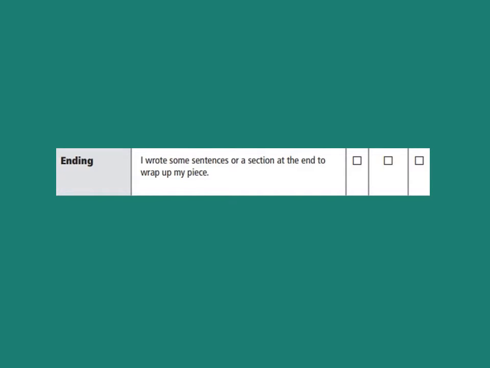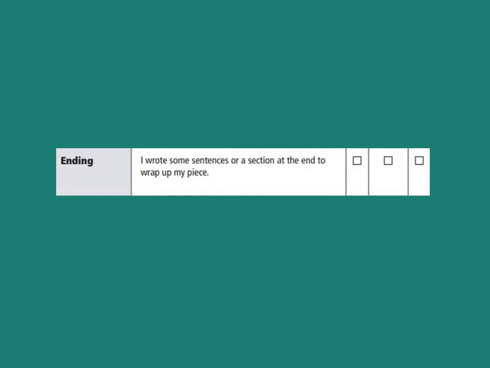And then here it says, I wrote some sentences or a section at the end to wrap up my piece. We also talked about this in a recent lesson. So you might say, if you're interested in learning more about this game, try reading other books and try playing the game with your friends. Give your feeling about it and then make a suggestion.